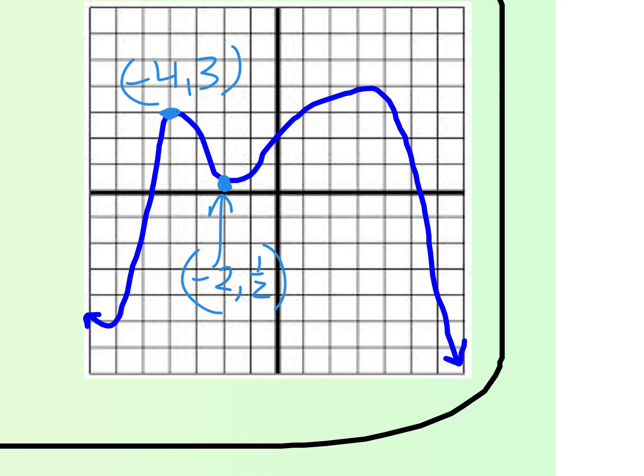Then in the interval between those 2 points, what's it doing? Decreasing on the interval from, please don't say the 2 points. Decreasing from where to where? Negative 4 to negative 2. I almost wish it didn't have parentheses because it looks like a point when you make it have parentheses, but technically it needs parentheses. Negative 4 to negative 2 is the interval over which it's decreasing.